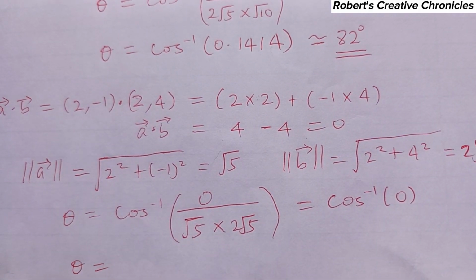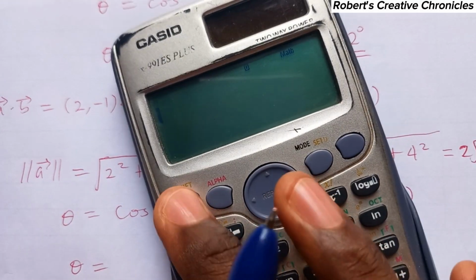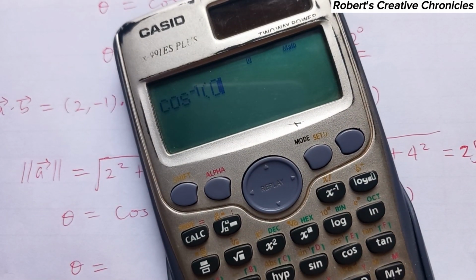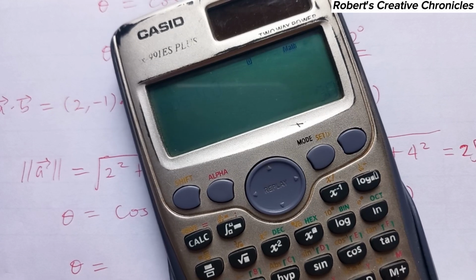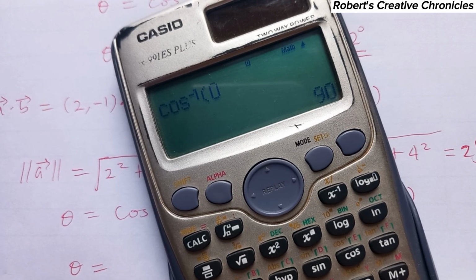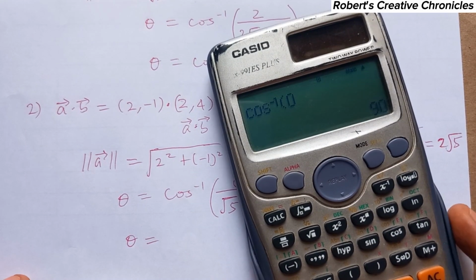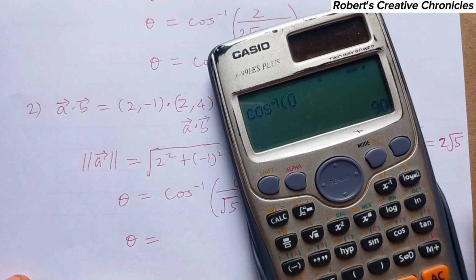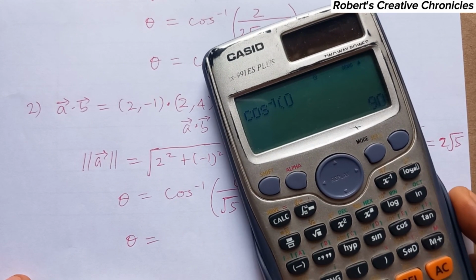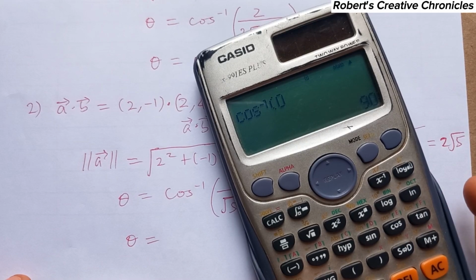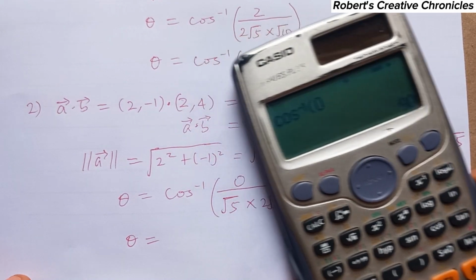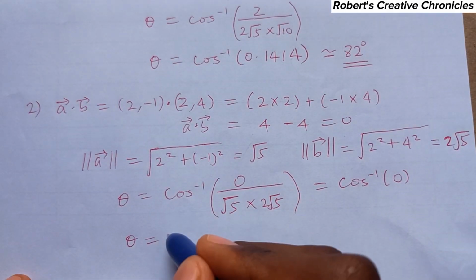What's cos inverse 0? You see, 90 degrees. So the theory is correct. Any two vectors whose dot product is 0 are orthogonal. In other words, the angle between them is 90 degrees. So here, theta is 90 degrees.